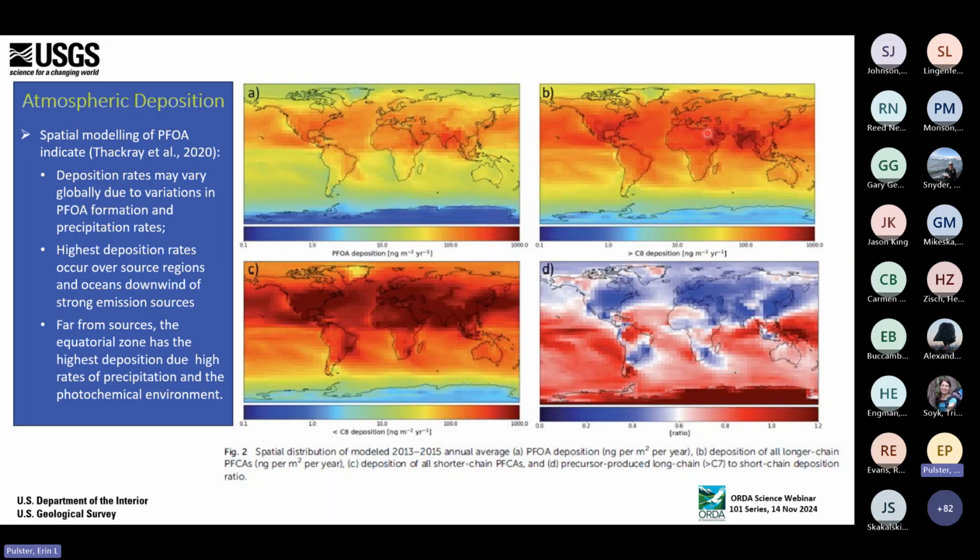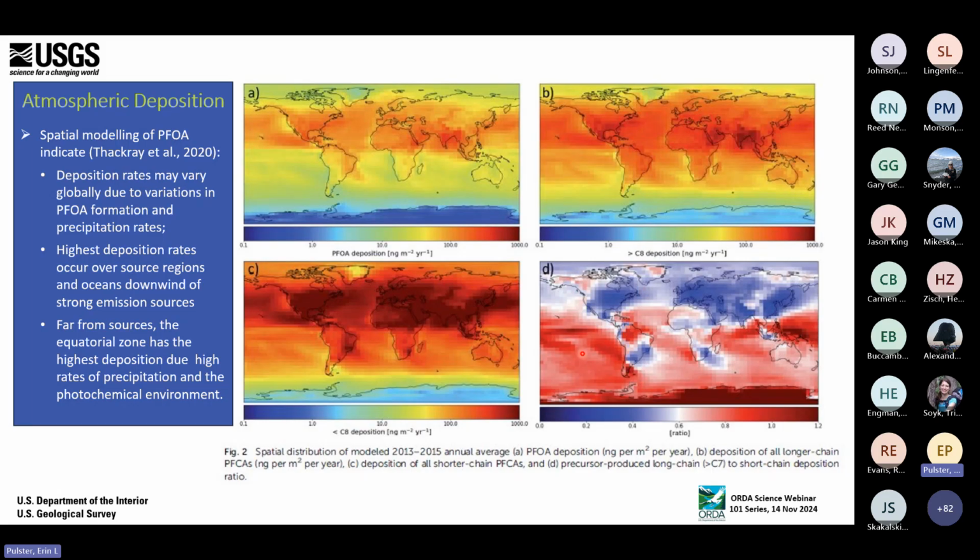These highest deposition rates typically occur over source regions or downwind of strong emission sources. And what you see from a lot of the high deposition in the equatorial zone is primarily due to the high rates of precipitation and photochemical transformation throughout the environment.